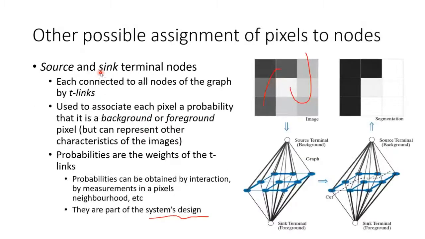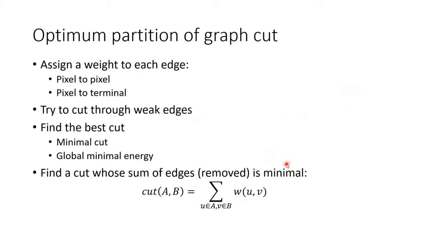The weight is assigned pixel by pixel, to adjacent pixels, and also from every pixel to a source and sink terminal. And you have to cut through weak edges. The best cut will be the minimal cut, the one that minimizes the global energy of the graph.